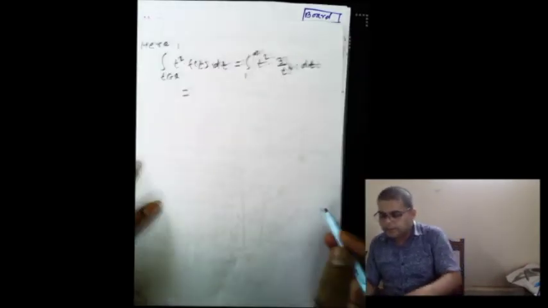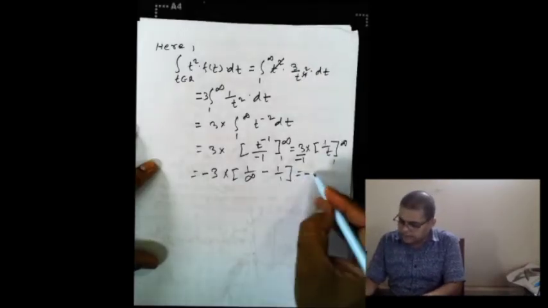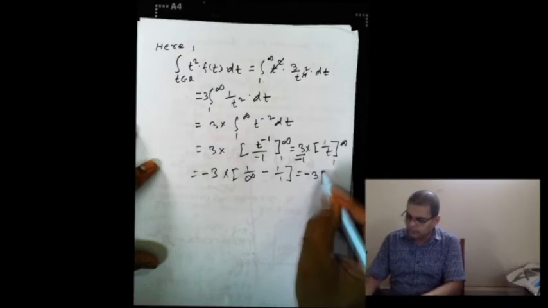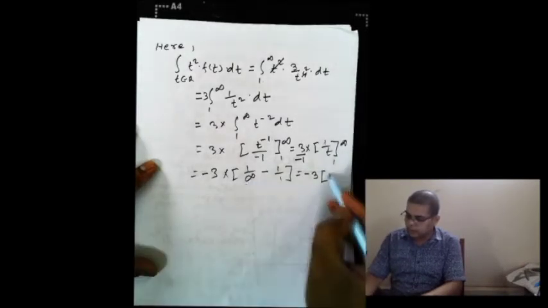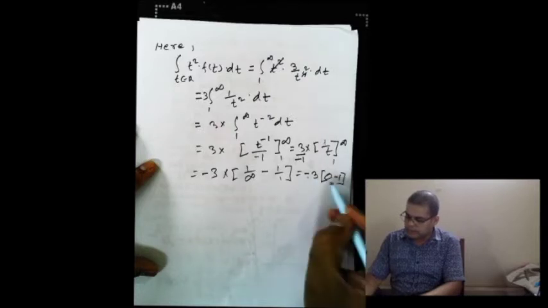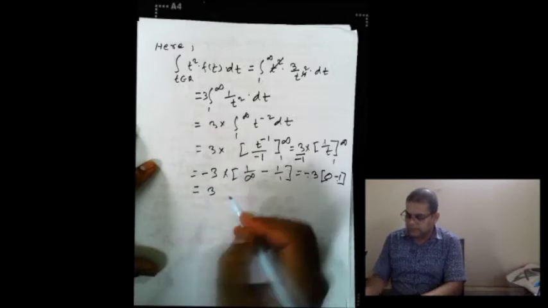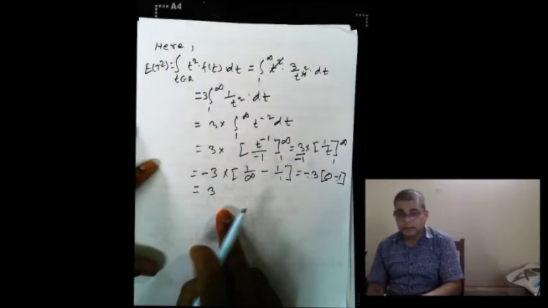Just simplify it first, and then it is minus 3 times, and 1 by infinity is 0, and 1 divided by 1 is 1, so negative times negative is positive, so your answer is 3. Not that the answer is 3, but that the expectation of t squared is 3 in this case.